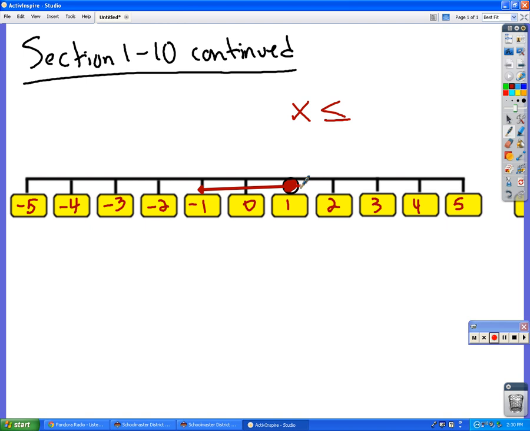So this line means make a dot. If there's no line, then you leave it open. And so that is x is less than or equal to what, Matthew? 1. Good, because we're starting at 1.